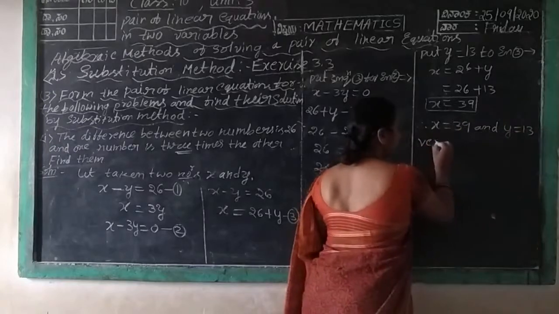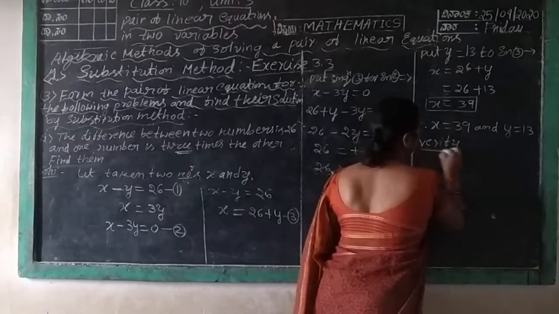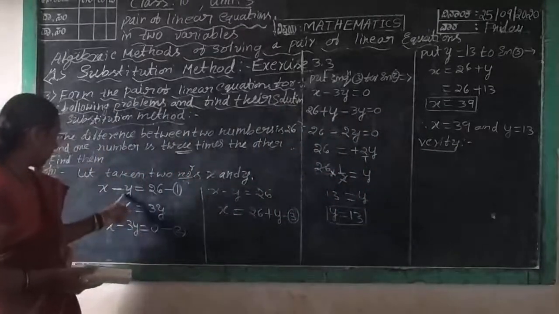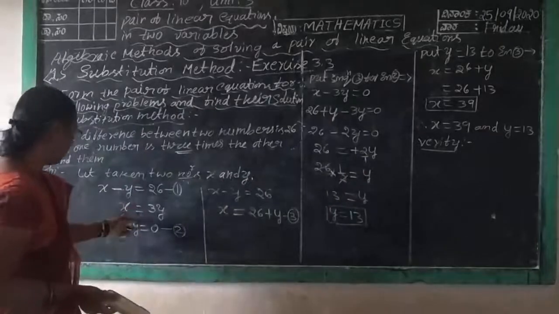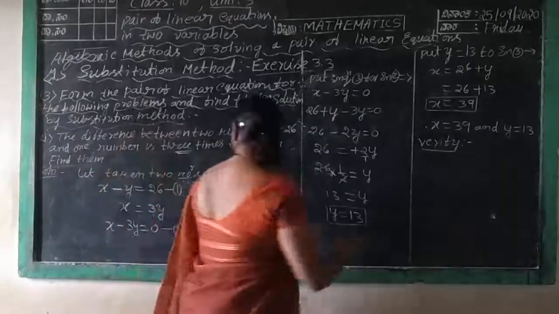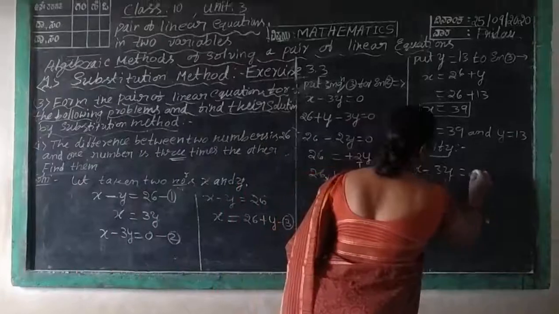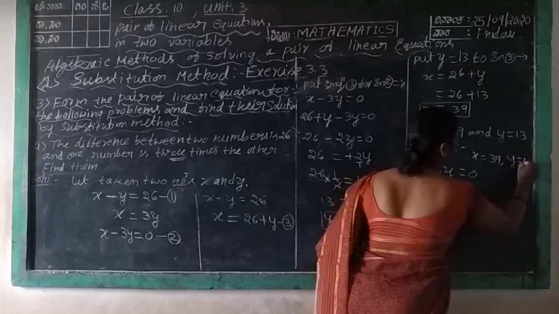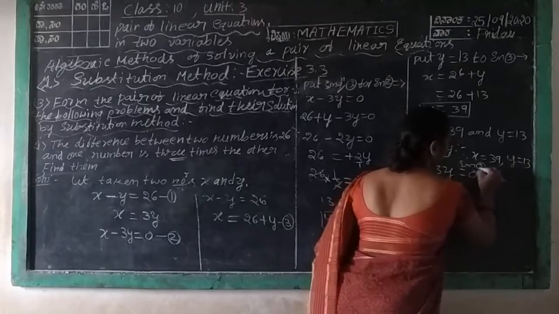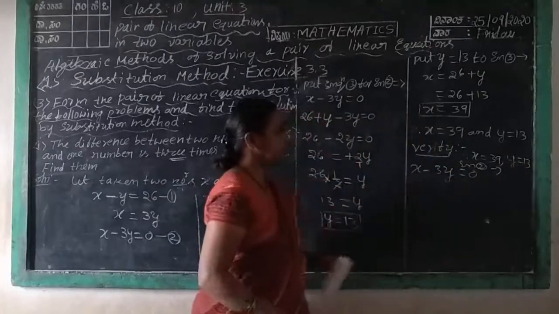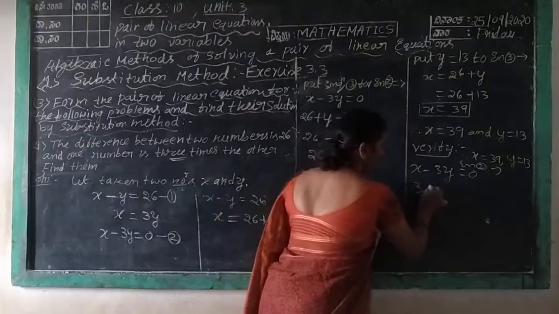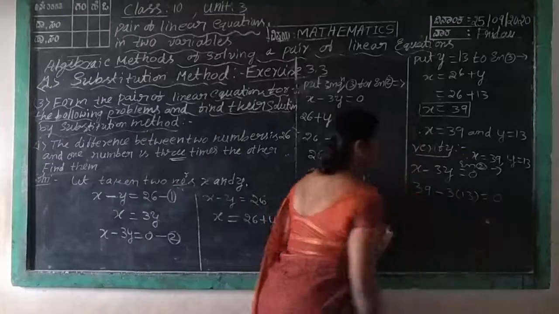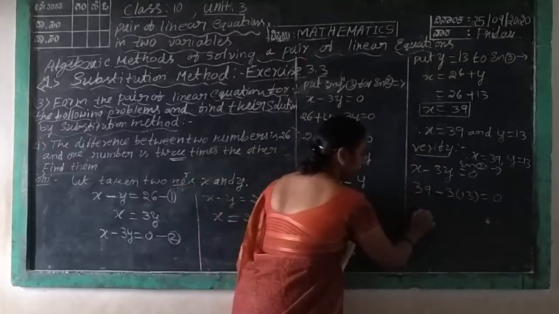Then verify your answer. Take the first equation or second. x is equal to 39 and y is equal to 13. Equation 2 I will take. Then x minus 3y. Put x is 39, y is 13, that is equal to 0. 39 as it is there.